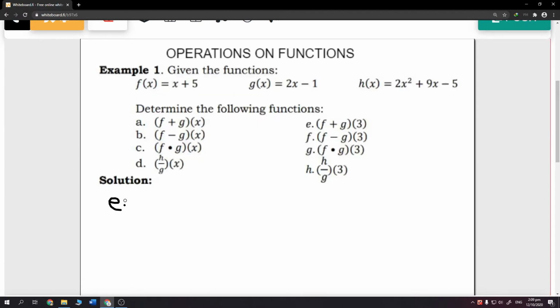Okay, we are now in letter E. We have value, which is 3.